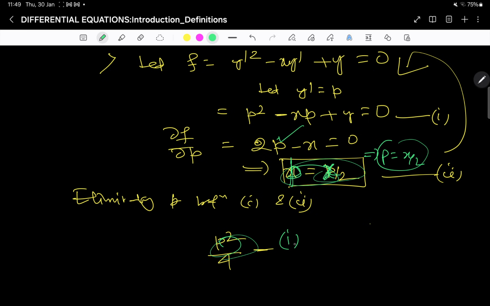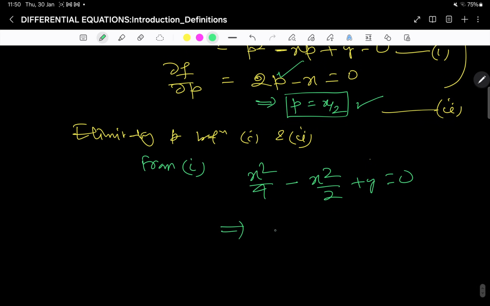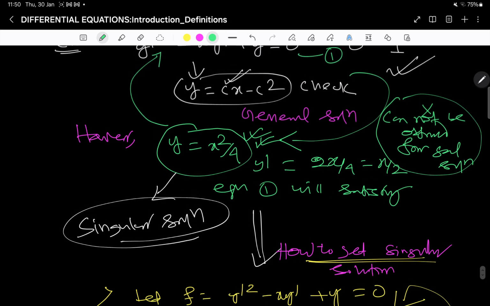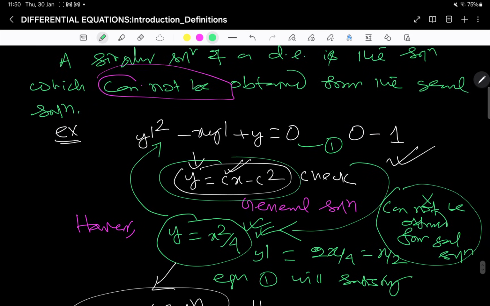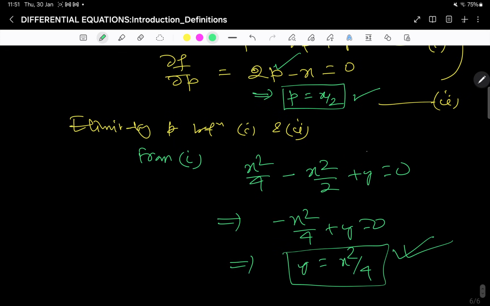I will get x square by 4 minus x square by 2 plus y is equal to 0. So that means minus x square by 4 plus y is equal to 0. So y is equal to x square by 4. So this is a singular solution. It has no relation with the general solution. By substituting or rearranging for any c, I cannot get it. That's why it is called a singular solution.